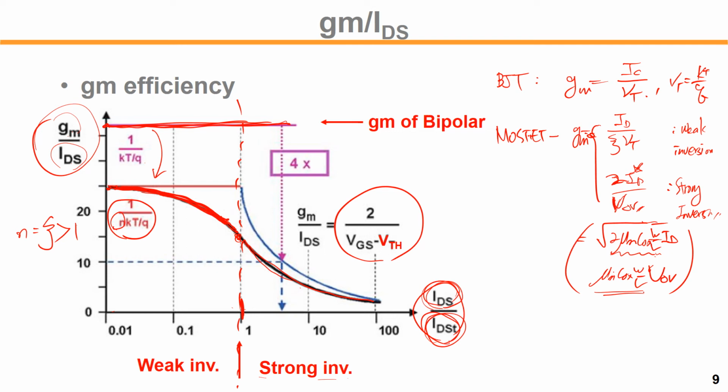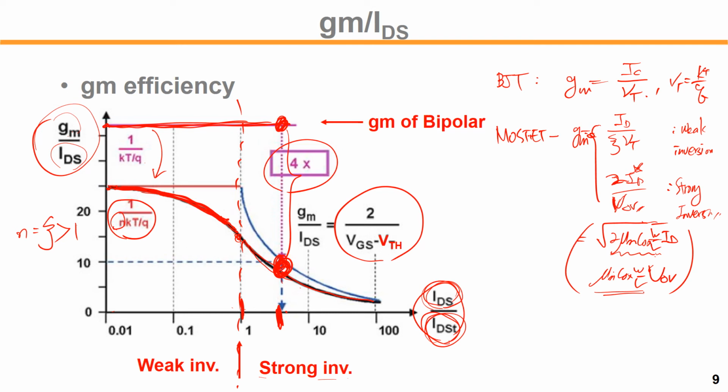In practical strong inversion, the MOSFET's gm versus the BJT's gm is already around a 4x difference. For the same amount of current, the MOSFET has 4x lower gm.